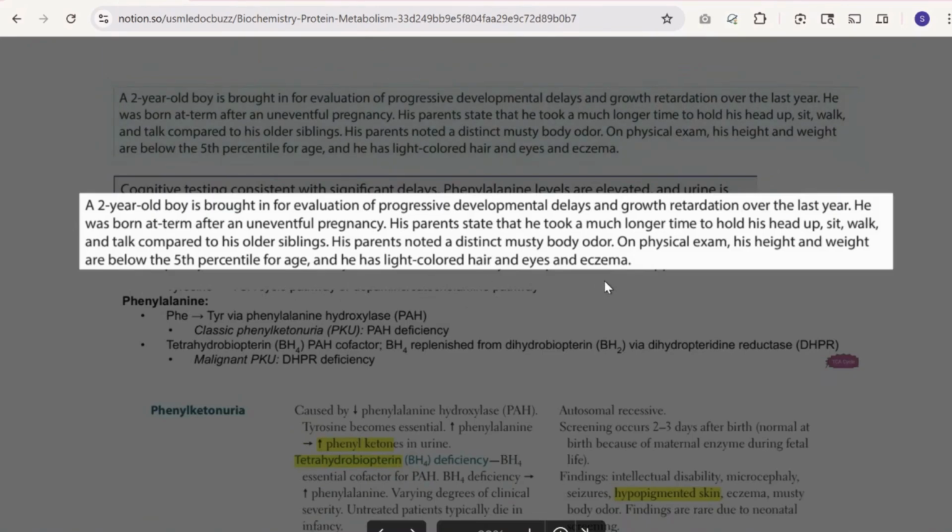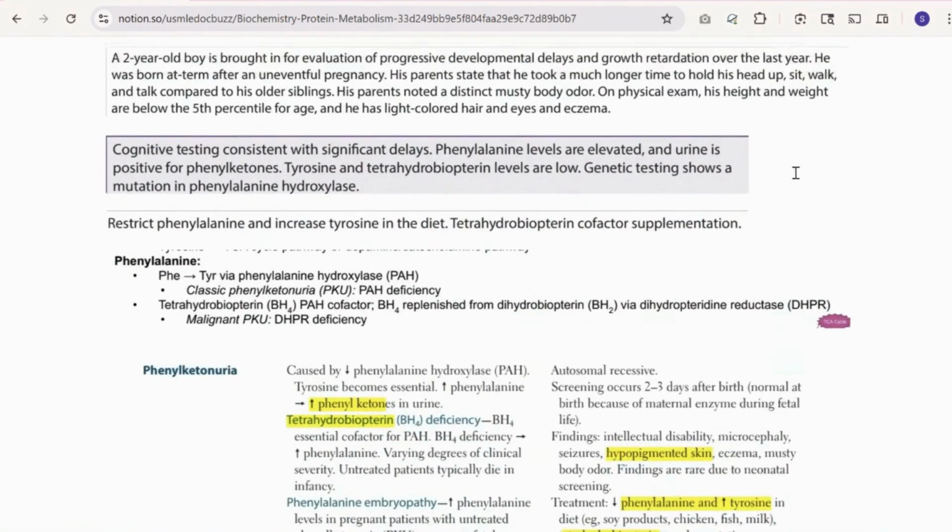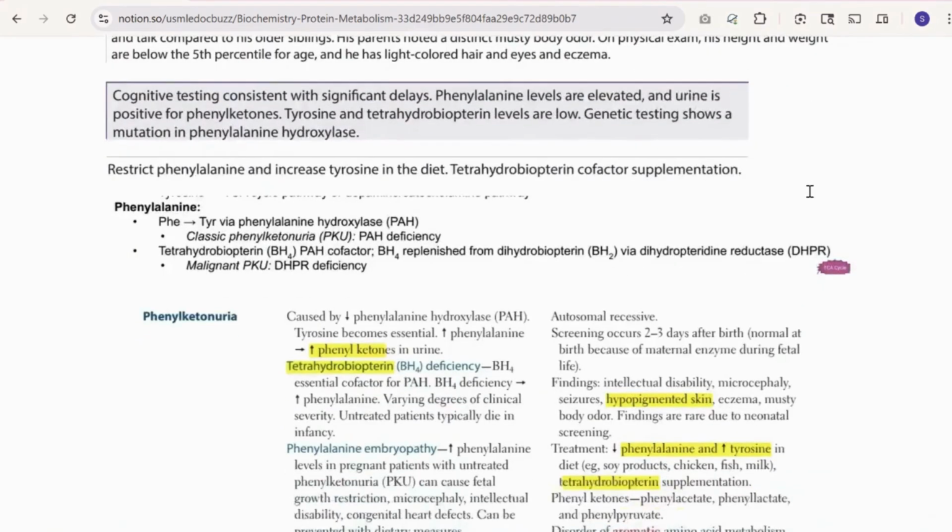He also has light colored hair, eyes, and even eczema, right? So they do some testing and they eventually figure out that phenylalanine is increased, right? And they also see tyrosine and even BH4 levels are low, right? They restrict the phenylalanine, increase tyrosine, and then BH4 as cofactor, right?